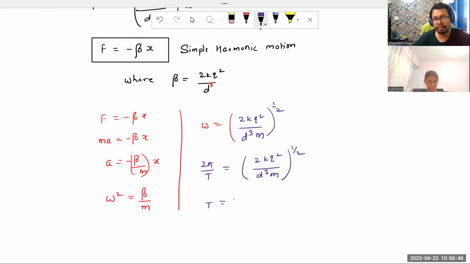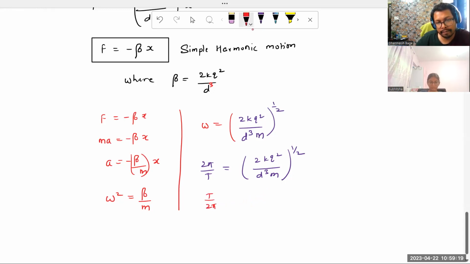Take the reciprocal of it. 2 pi d cube. What I'm doing. 2 pi, sorry.